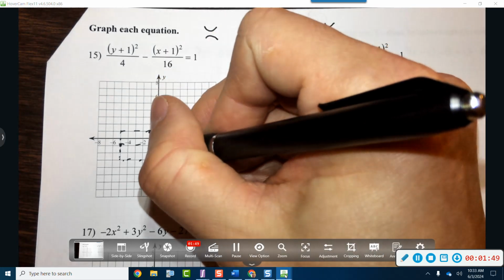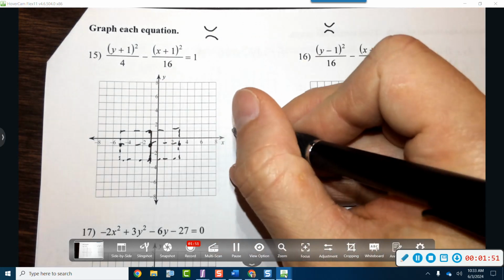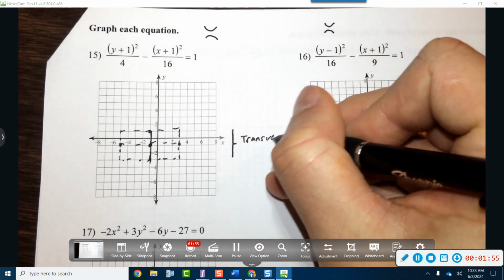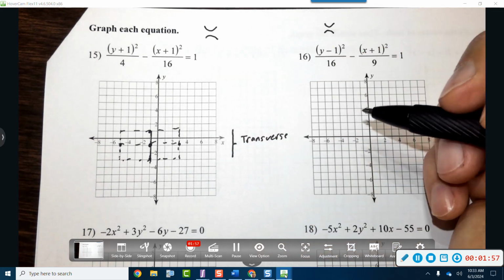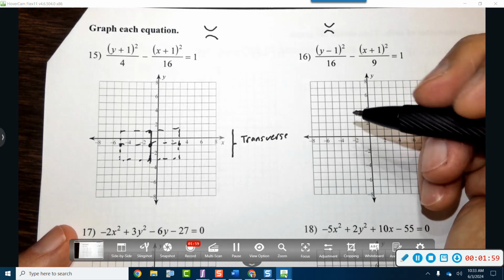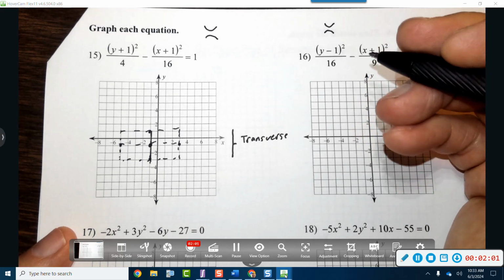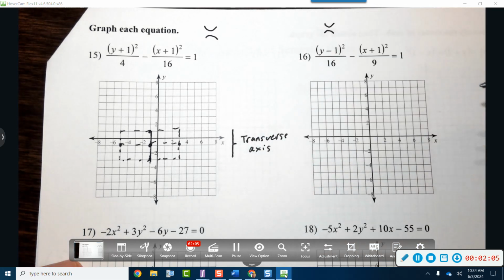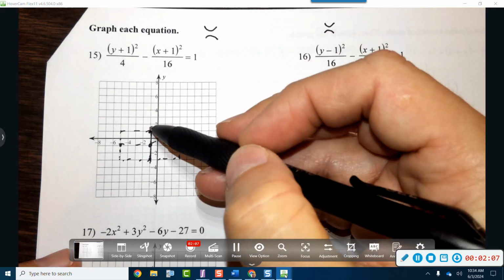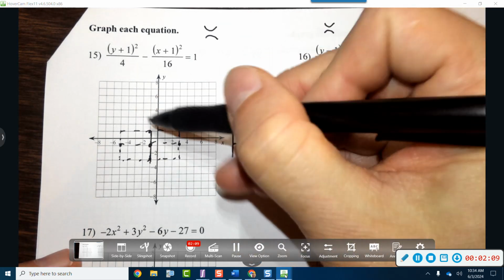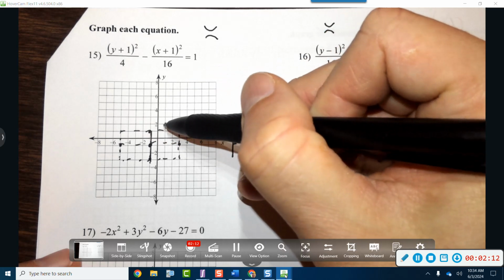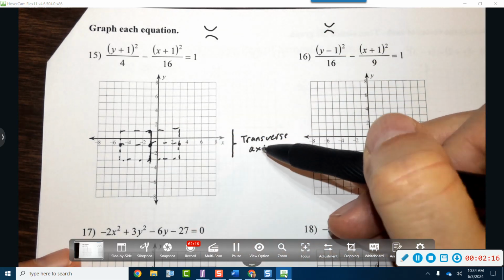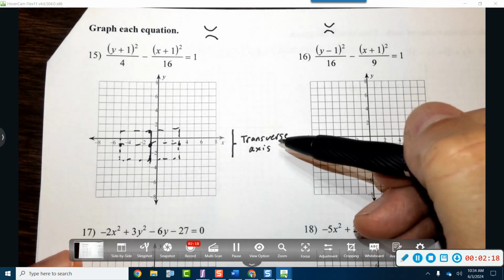This guy right here is called the transverse axis. We would have called him the minor axis because he's smaller, but the transverse axis actually has the points where the curves are. We're going to pass a curve right through there, okay? So this guy is actually kind of real, so they call it the transverse.